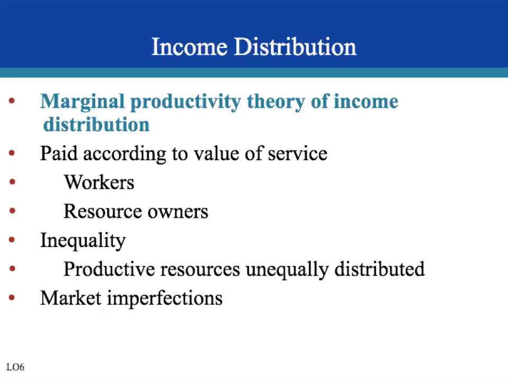Also, some people own more resources, such as land, just through inheritance, whereas other people don't inherit anything. So all these resources are also distributed unequally.